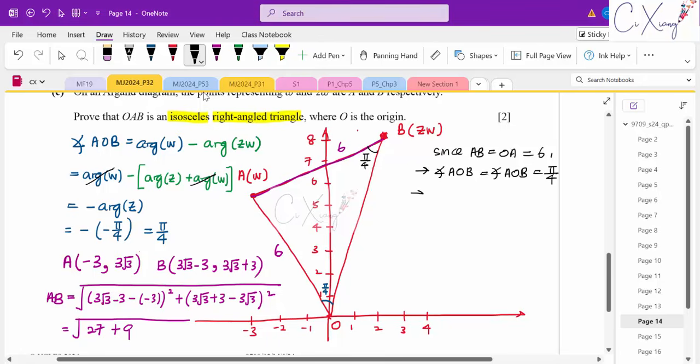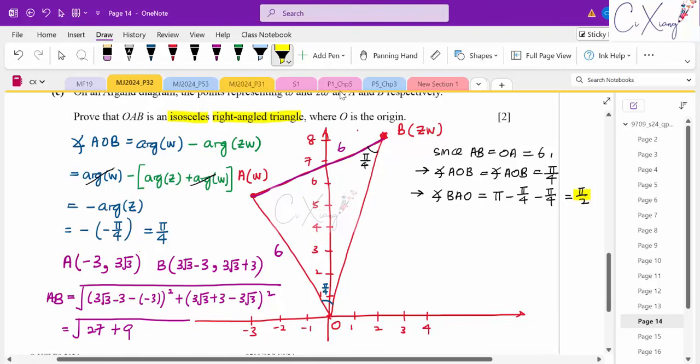Okay, and hence the total triangle angle should be 180, which is pi. So therefore, the angle BAO is equal to pi minus pi over 4 minus pi over 4 again.